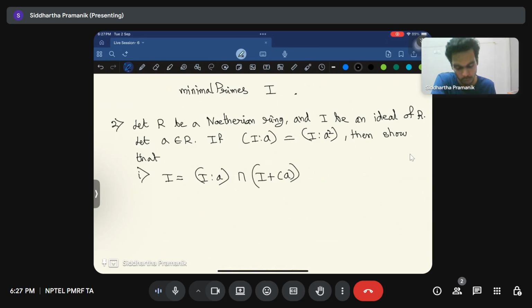So this is the first one. And the second one is I colon a is the same as I colon a^n for all positive integers n.